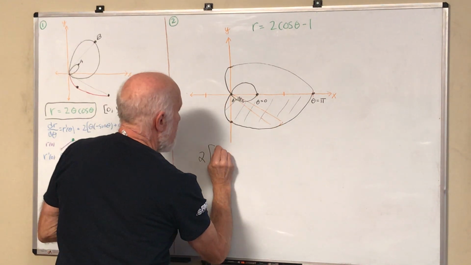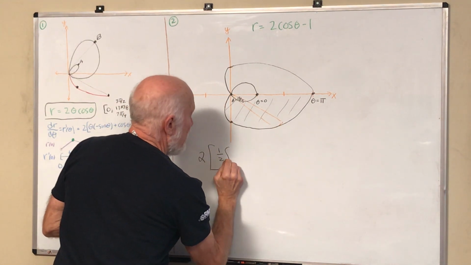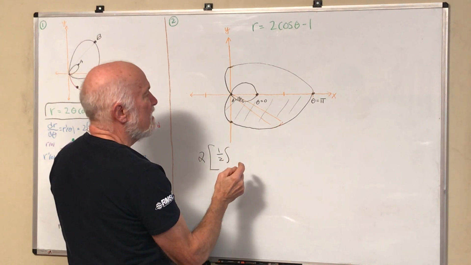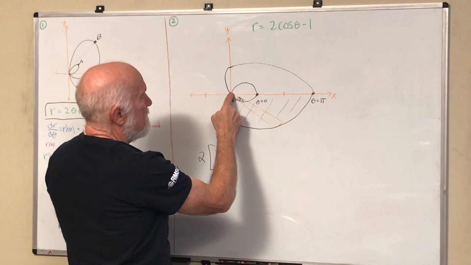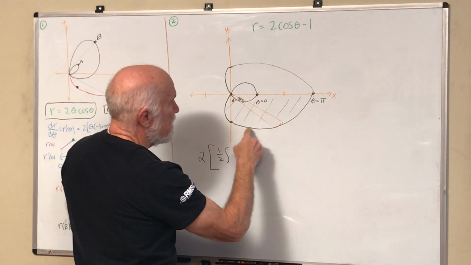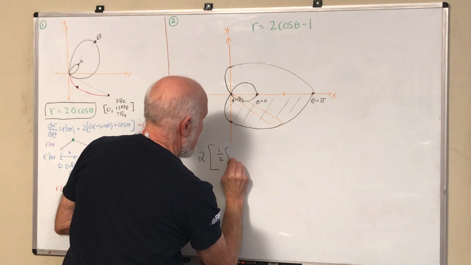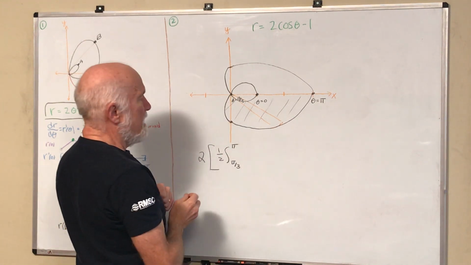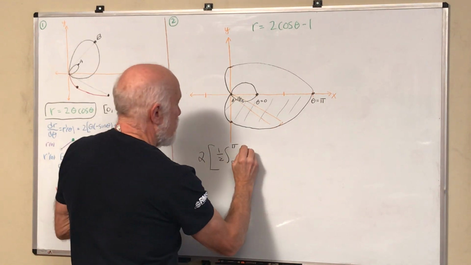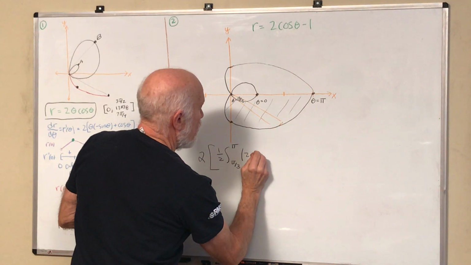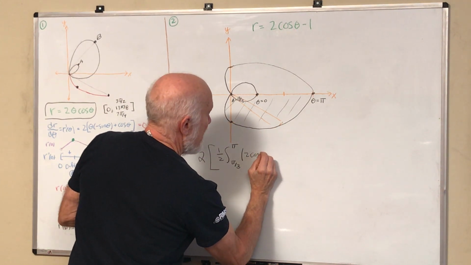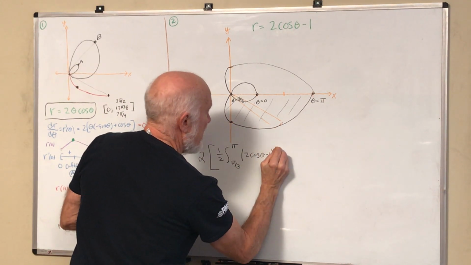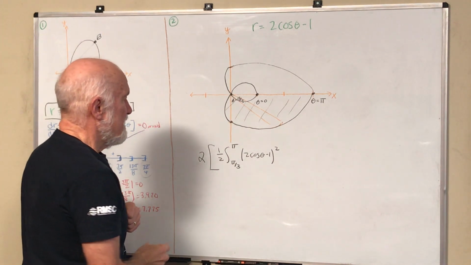So that would be 1/2 the integral, and it was traced from pi over 3 to pi. And r squared, so 2 cosine theta minus 1 squared d theta.